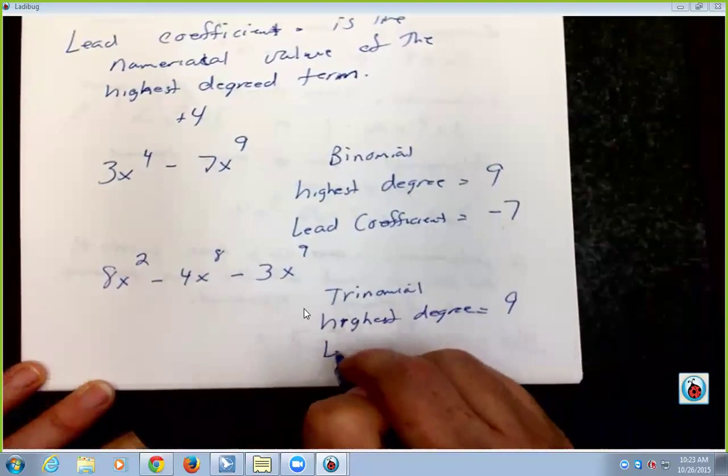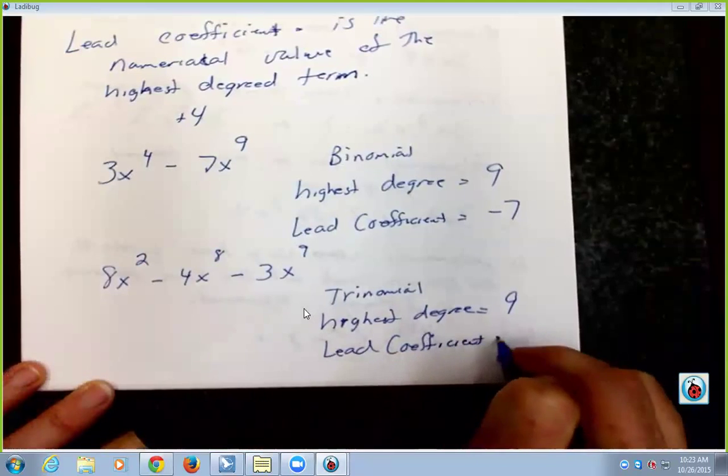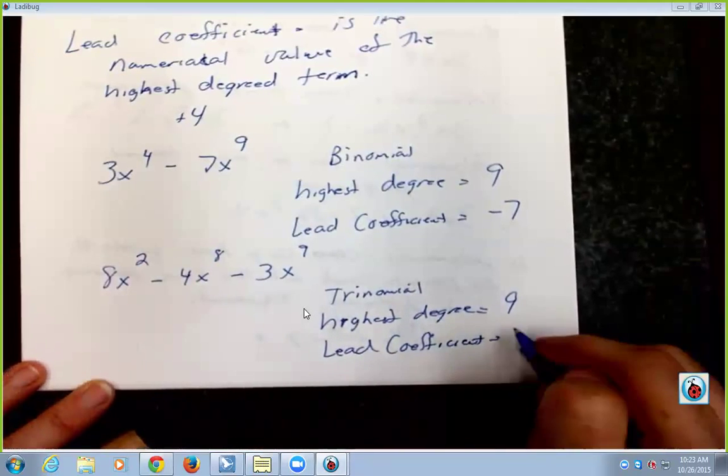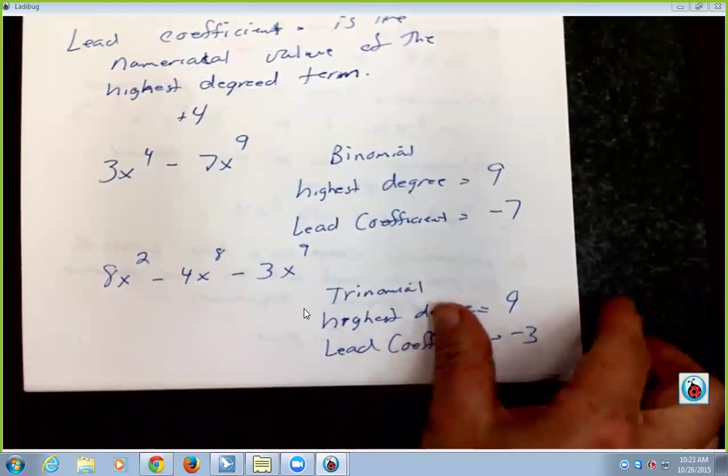And its lead coefficient is a -3. So pretty straightforward stuff. Okay, so I think we got that, don't we? We need to do another one. Okay, well, as long as we got that stuff in place, we are pretty good to go with those kinds of things. So making sure that you look for your degrees and your highest exponent pieces with those.